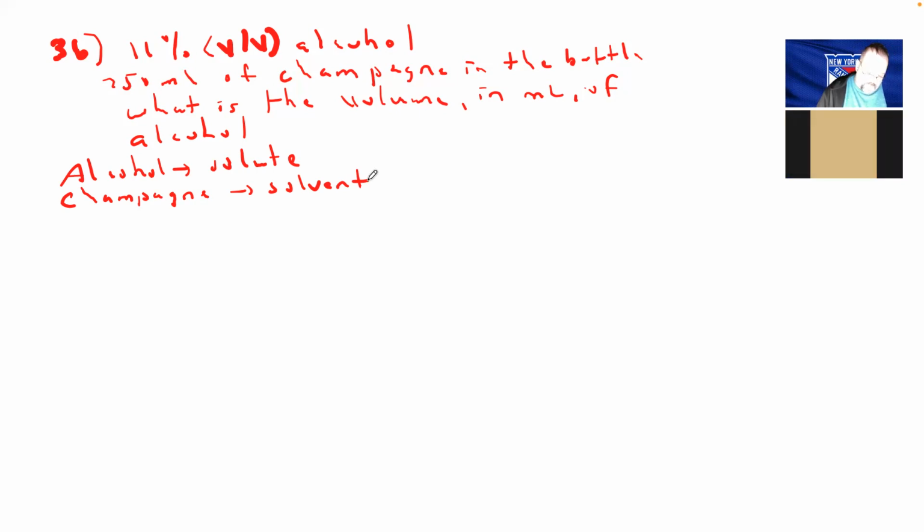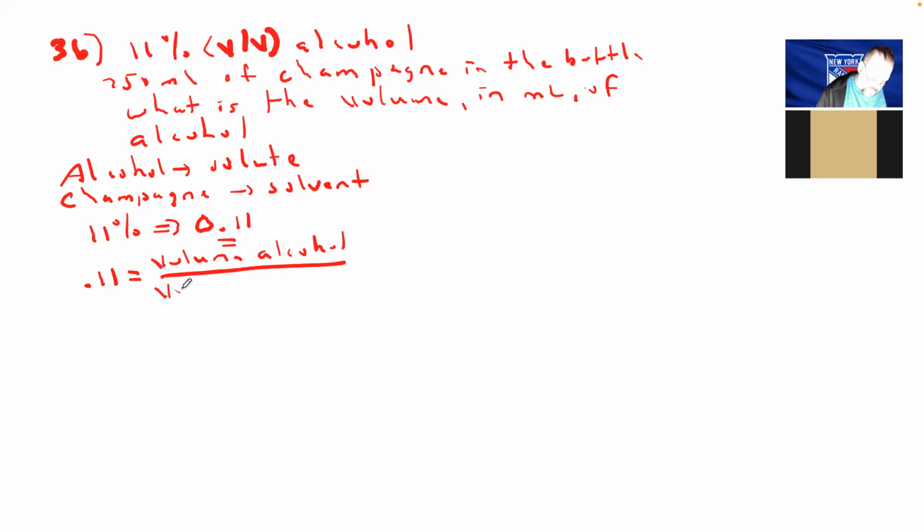The other thing here is to work with the 11%. What you really want to do is convert that 11% from a percentage into a decimal. Because remember, for all these different types of solution calculations, except for molarity, you multiply by 100%. So I would take the 11% and convert it to 0.11. Basically, the 0.11 should be equal to the volume of the alcohol over the volume of the champagne.